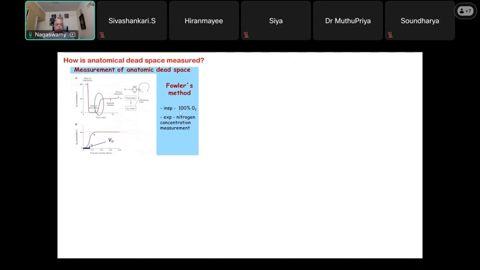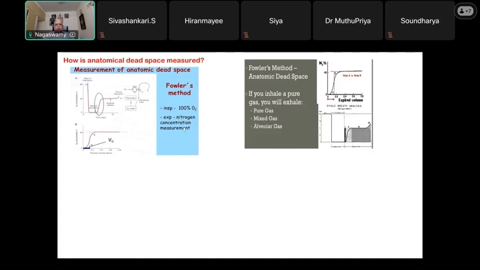So you ask the patient to inhale 100% oxygen so that you fill the entire respiratory tract, but you cannot replace the residual volume and other things with that. So what happens when the patient exhales out? First the dead space gas will come, which will not have any nitrogen, isn't it?